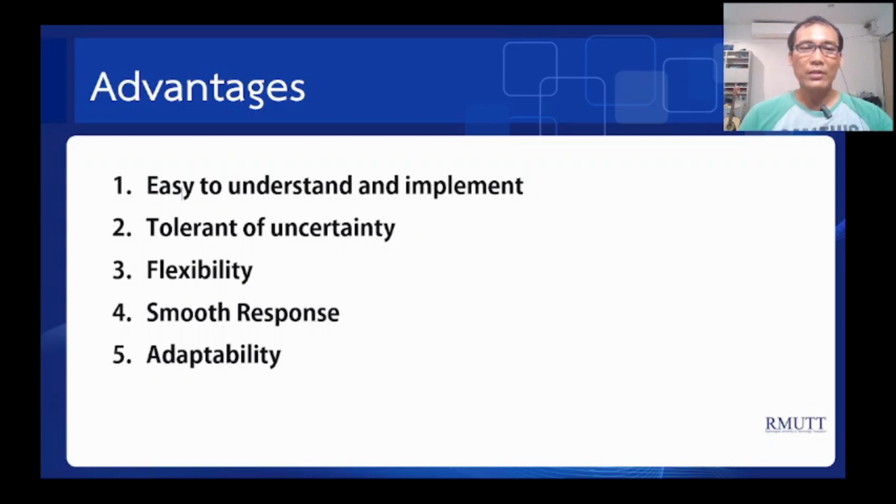The second is tolerance of uncertainty. FLC can handle uncertain and variable input data. This allows the system to make decisions based on uncertain or ambiguous information, similar to how humans make decisions.